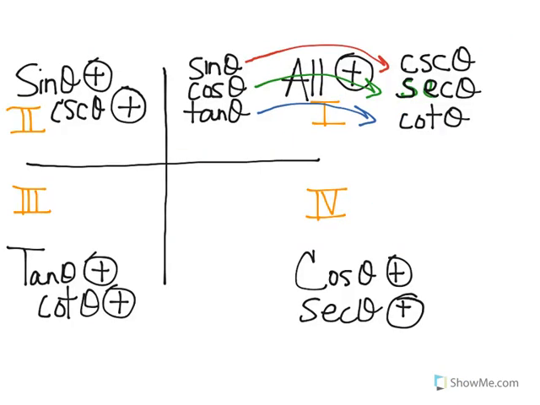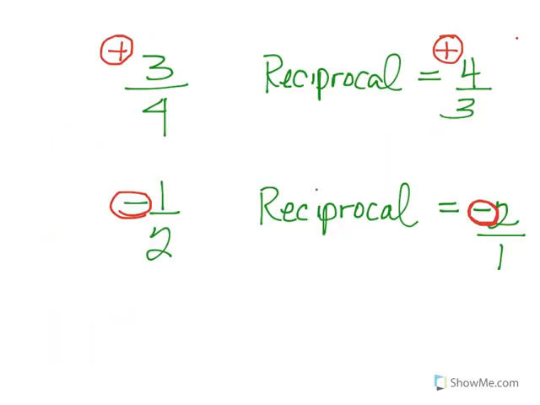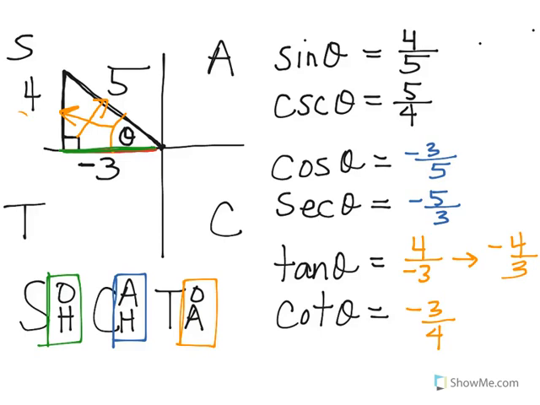Based on our All-Star Trig class, we're working in quadrant 2 with this current problem. And notice that in quadrant 2, there's only 2 functions that should be positive, sine theta and cosecant theta. If you look at the results that we have here, our results are pretty consistent with that. Sine theta and cosecant theta are positive, which they should be, because we are in quadrant 2. And take a look, all of the other answers were not positive.